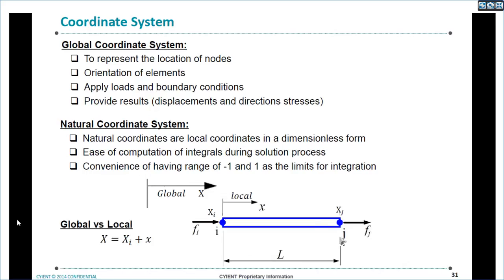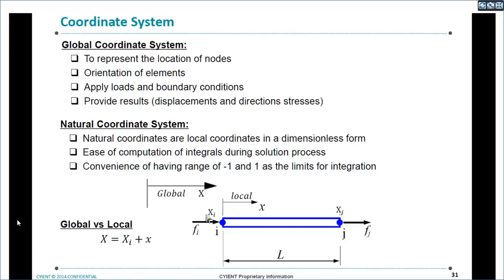For this element, this is the global origin, and this one is a local coordinate. Sometimes we need both global and local coordinate systems for easy post-processing and easy modeling, and these are generally used for stress analysis.